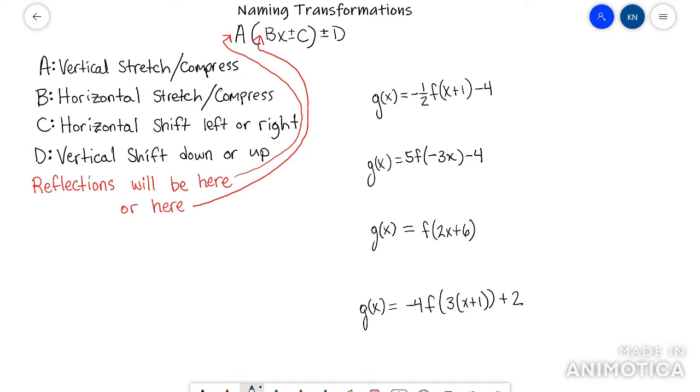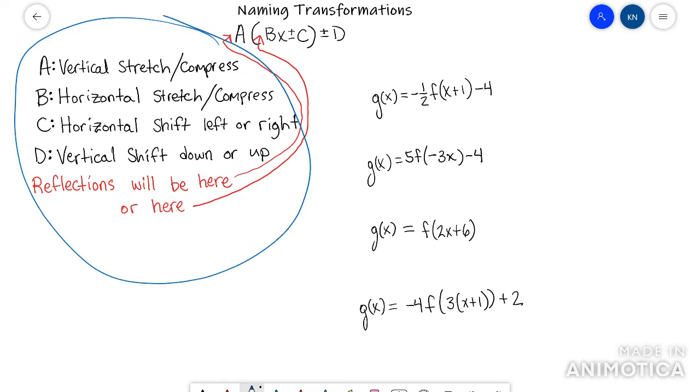What I mean by that is if there is a negative here, it's going to be a reflection every time. Or A is always going to be a vertical stretch or compression, etc. So I would really study this and know what these are before you even try to dive into this.